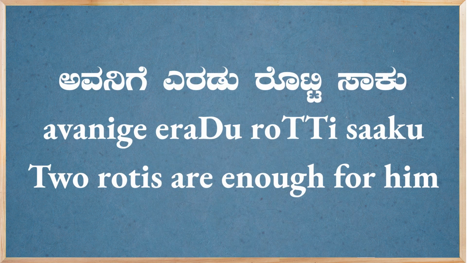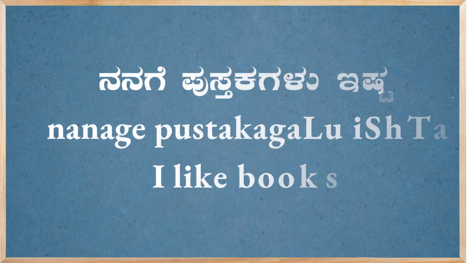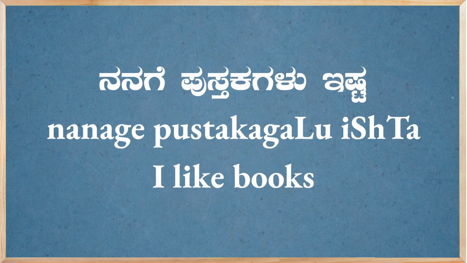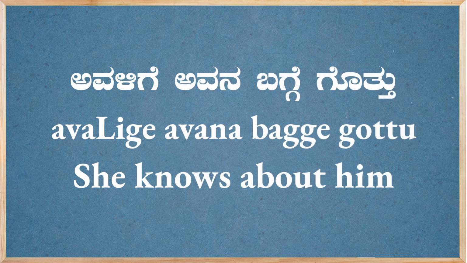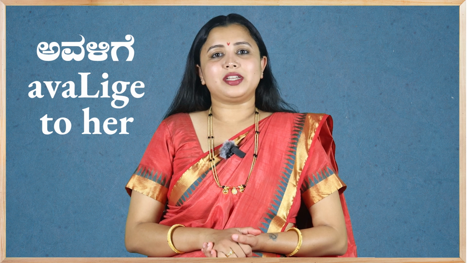Avanige ಎರಡು ರೊಟ್ಟಿ ಸಾಕು. 2 rotis are enough for him. ಅವನಿಗೆ, to him, is dative. ನನಗೆ ಪುಸ್ತಕಗಳು ಇಷ್ಟ. I like books. ನನಗೆ means to me, which is dative. ಅವಳಿಗೆ ಅವನ ಬಗ್ಗೆ ಗೊತ್ತು. ಅವಳಿಗೆ is to her, which is dative.